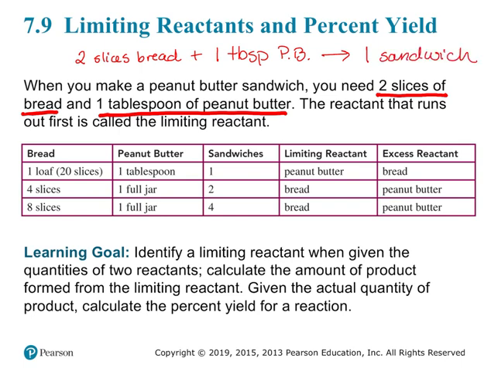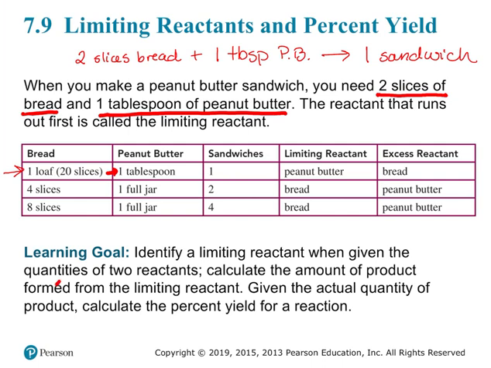All right, so you have a 2 to 1 to 1 ratio there. Now, let's say you rummage around in your cabinet and you find, oh, I have a whole loaf of bread. Cool. Oh, but I only have a tablespoon of peanut butter left. So maybe you forgot to pick up peanut butter at the store. That means that the peanut butter is going to run out first.